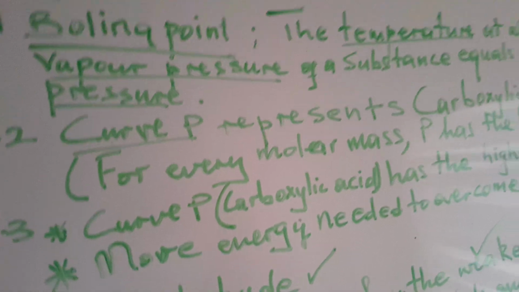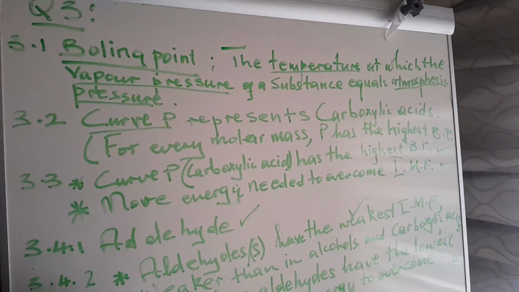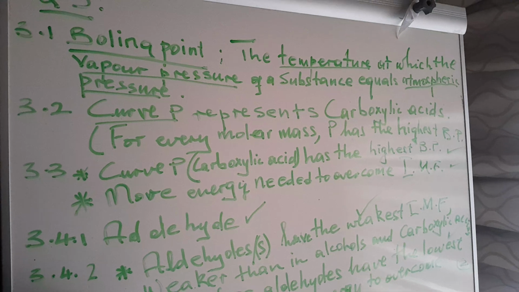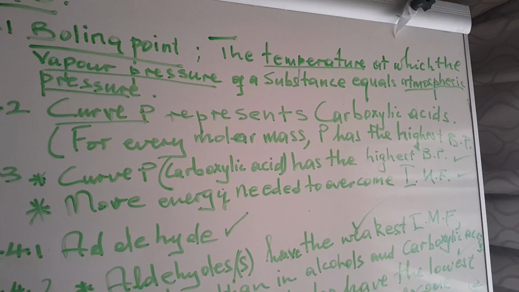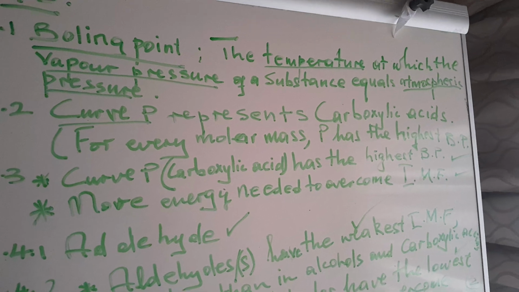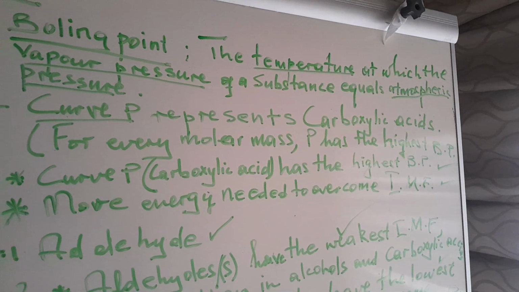So 1 mark will go for stating that curve P has the highest boiling point and therefore the strongest intermolecular forces. Second mark, the strong intermolecular forces need more energy to overcome.